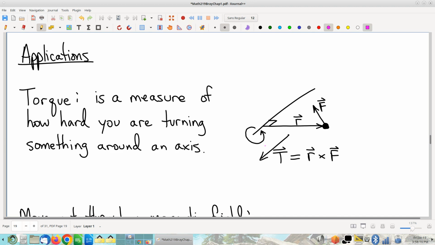If this is an axis that something's twisting around, and I do a lot of projects with wood at my house, I always think of a screw going into a board that I'm tightening either with a screwdriver or very often with a wrench, something like that.